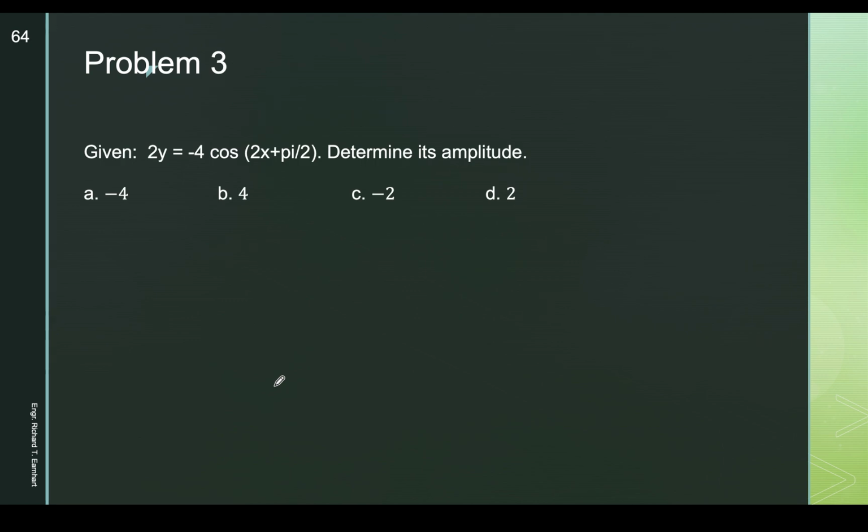And for the amplitude, so from negative 2 cosine of 2 times (x plus pi over 4). So this is the absolute value of negative 2. So 2 units.